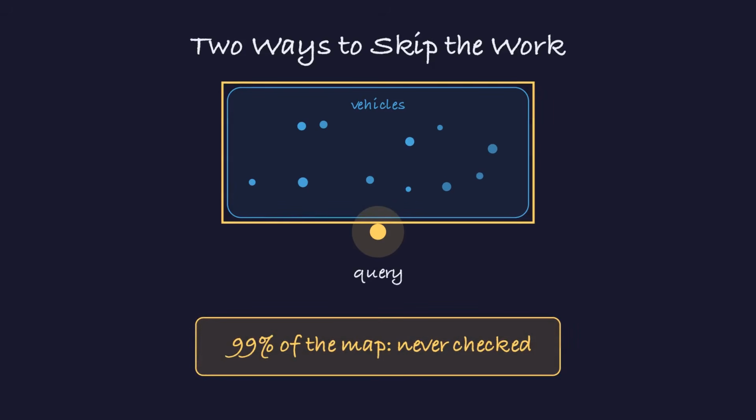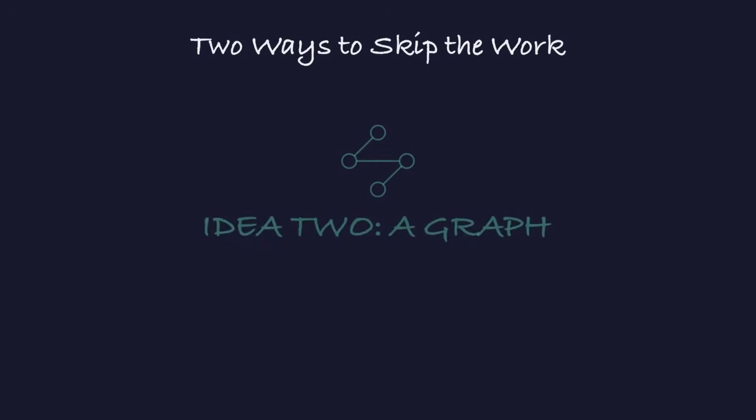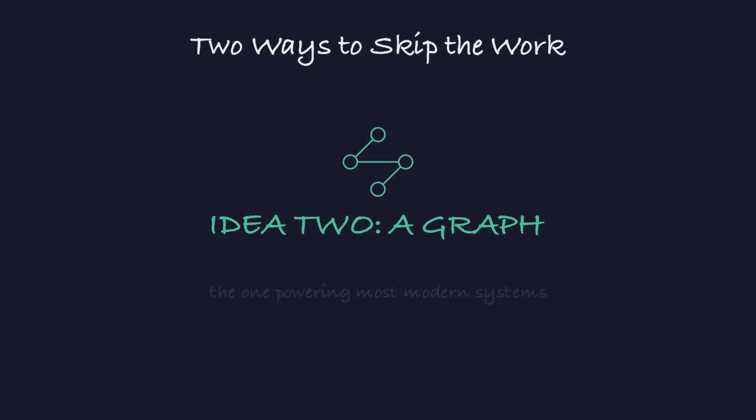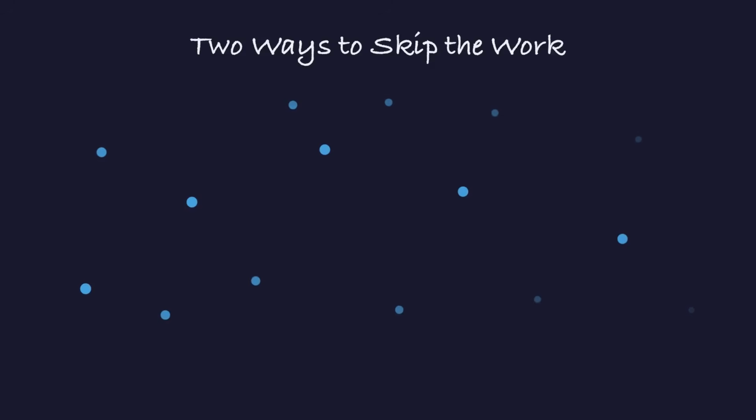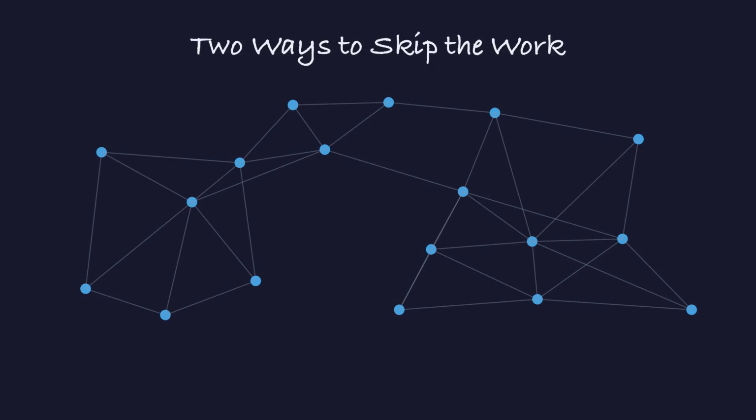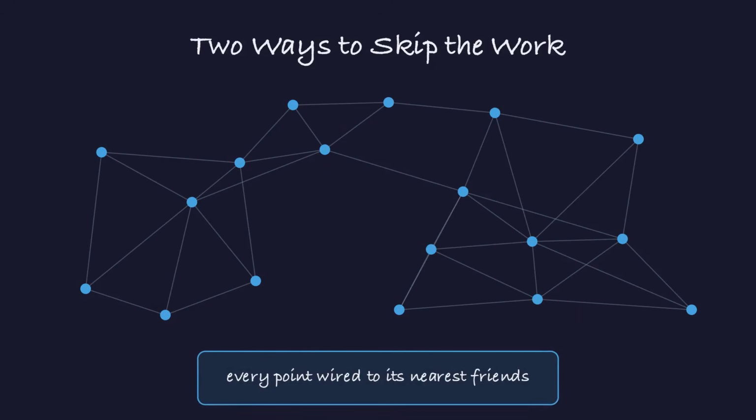Instant, massive shortcut. Idea 2, and this is the one powering most modern systems, a graph. Imagine every point is connected to its nearest friends, forming a giant web, a social network of ideas. To search, you drop in anywhere and just keep asking, which of my friends is closer to the target?